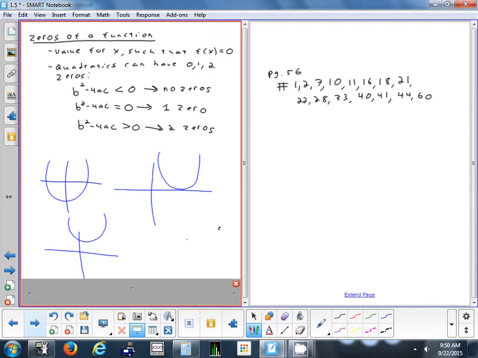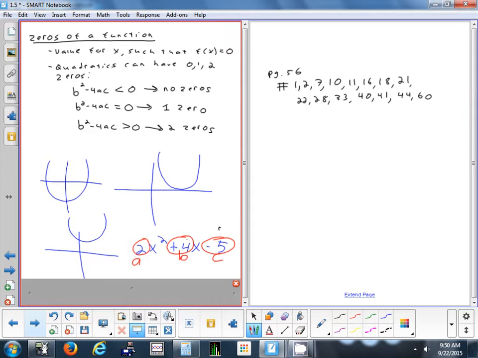Or a parabola like that doesn't cross at all. If you want to know which of these 3 cases you have, and you've got an equation like 2x squared plus 4x minus 5, that's A, that's B, that's C. The sign to the left always goes with the number. If you fill them into this formula, b squared minus 4ac, it'll tell you how many times it crosses the x-axis.